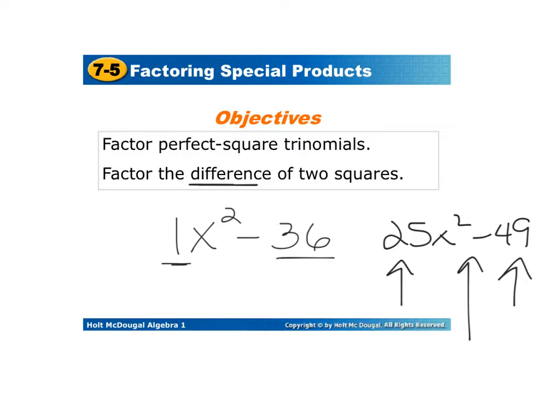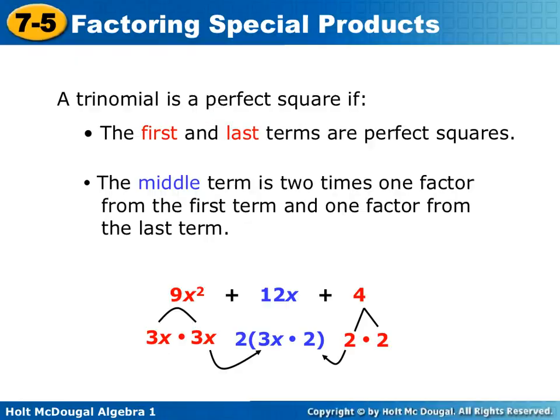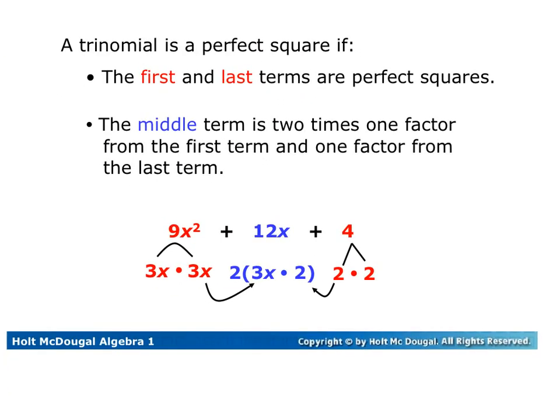When you have a perfect square trinomial, the two numbers on the ends of your trinomial will be perfect squares. The middle one will not. So we'll see some of these in action. Okay, so here is the perfect square trinomial. Notice the first one is a perfect square. The last one is a perfect square.